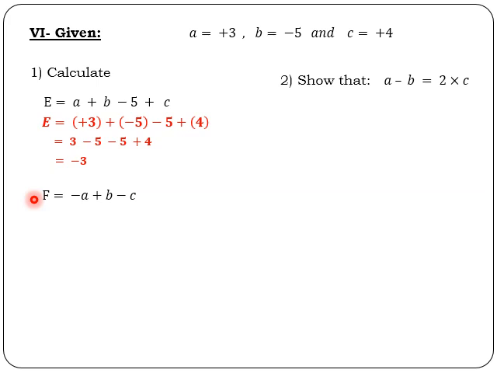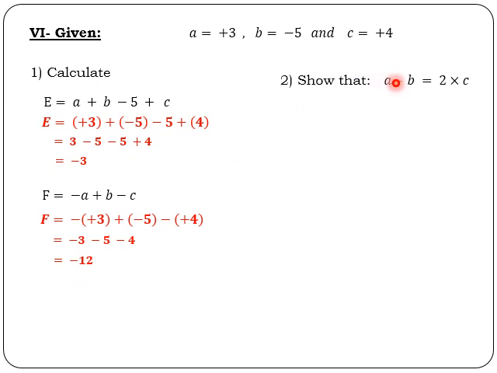F, first step, replace A by 3 and B by minus 5. So minus plus 3 is minus 3, plus minus 5 is minus 5, and minus plus 4 is minus 4. Here we have minus 3, minus 5, minus 4, so the result is minus 12.